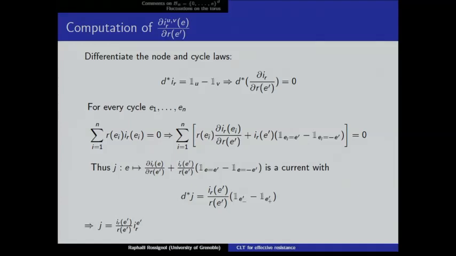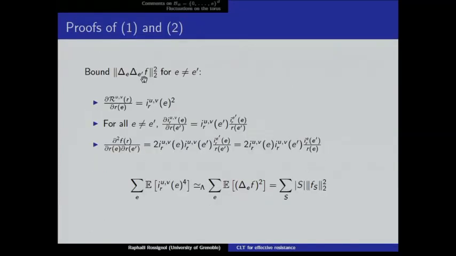The intensity is given by IRV prime over RV prime, and you see that there is uniquely a voltage drop along the edge with respect to which you are differentiating. So this explains the appearance of this factor here.